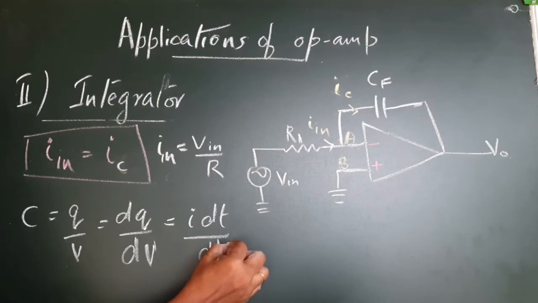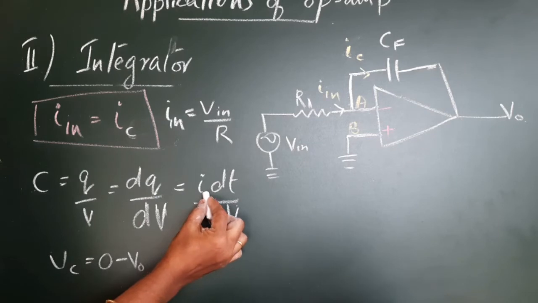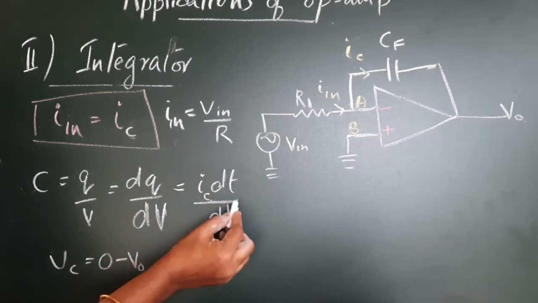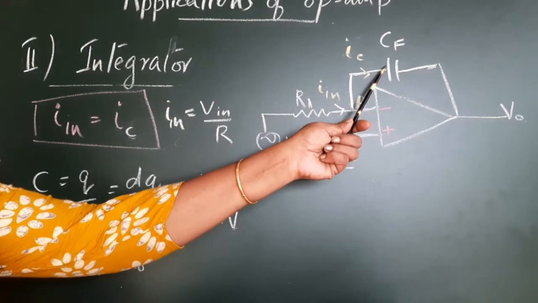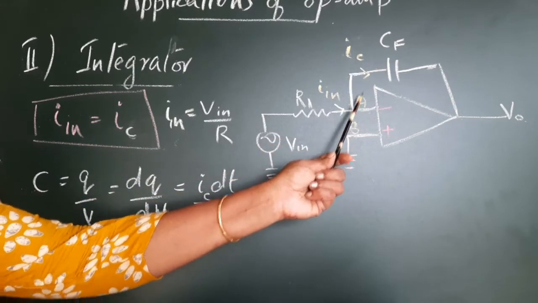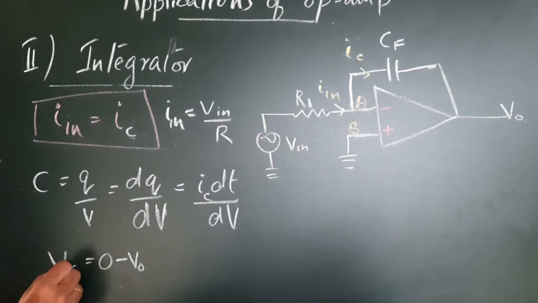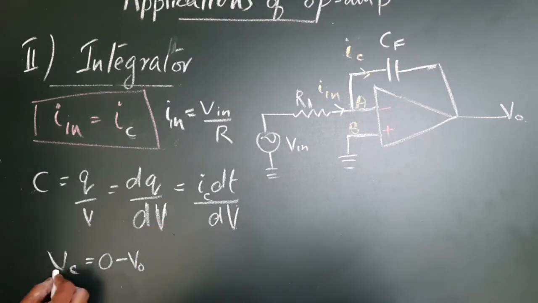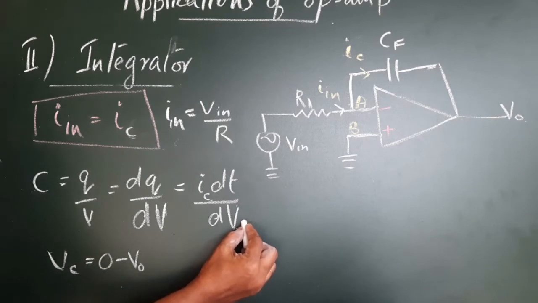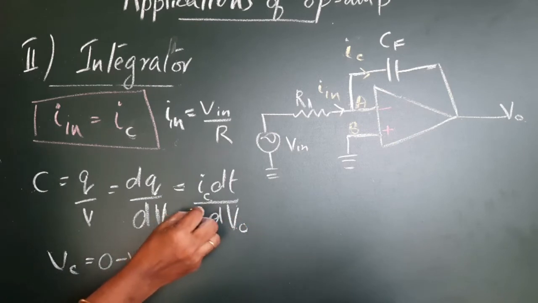In this case, i, the current through the capacitor, can be given the subscript IC, and V is the voltage across this capacitor. You know, at this end the voltage is 0 because of virtual ground, and at this end it is Vout. So voltage across capacitor equals 0 minus Vout. So we can use that concept. So Vc is minus, there is a minus sign for this, so it is minus dV0.